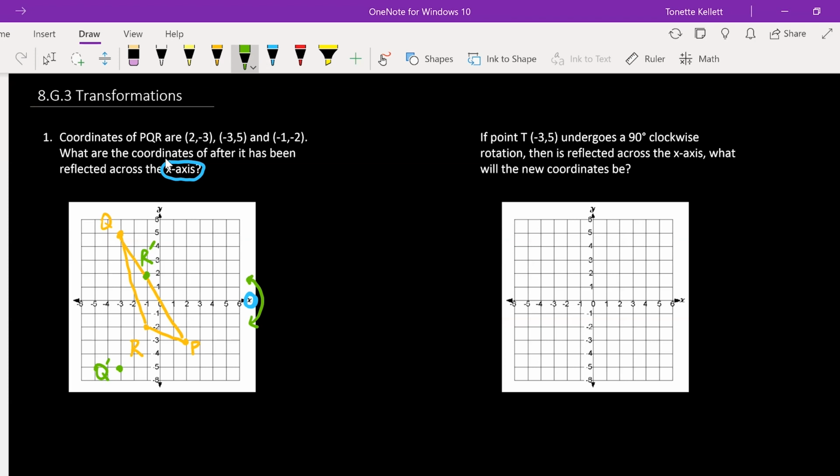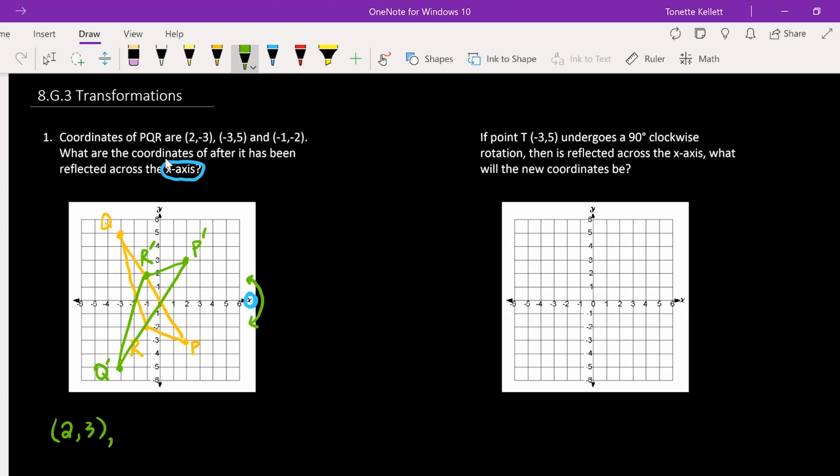All right, then the P, 2, -3. So let's make it 2, +3. And there's your new triangle after it's been reflected. So the points, P is 2, 3.